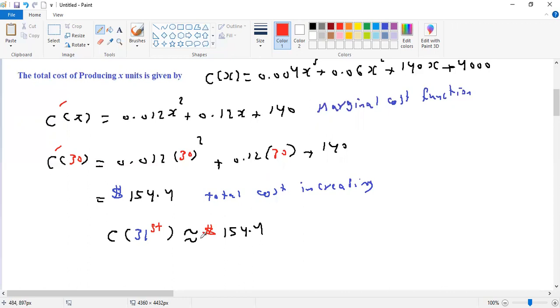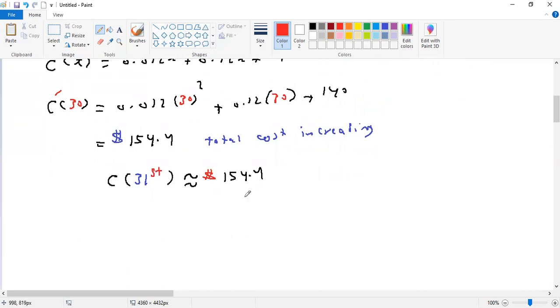So we said approximately: you estimate this unit using the derivative. This will not be an exact answer. C prime of 30 estimates a single unit.